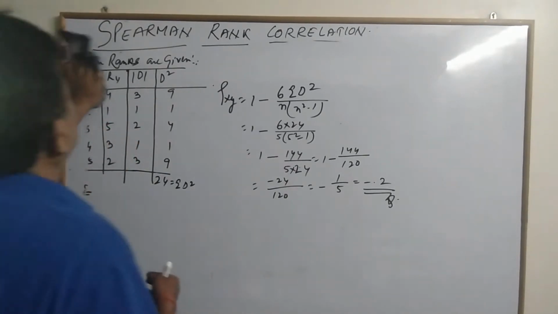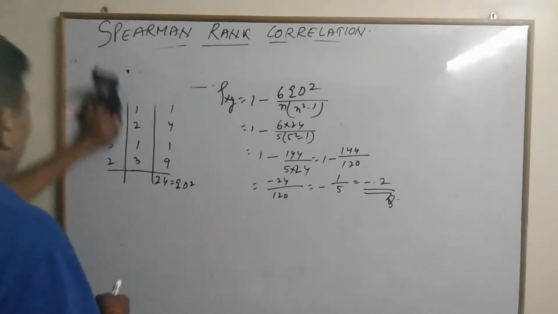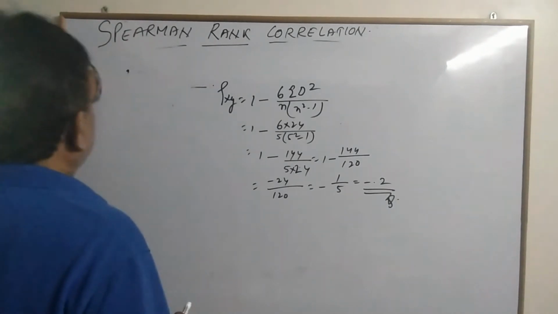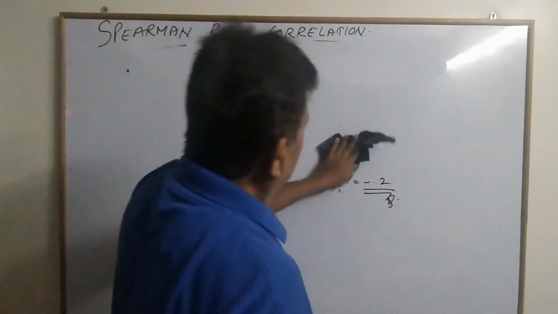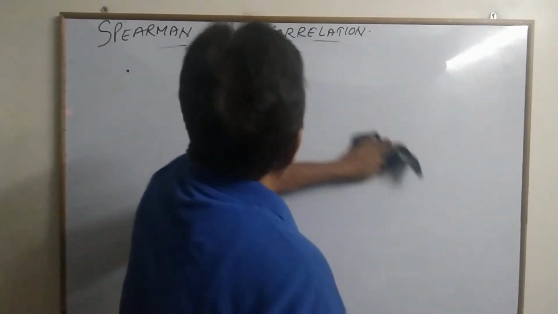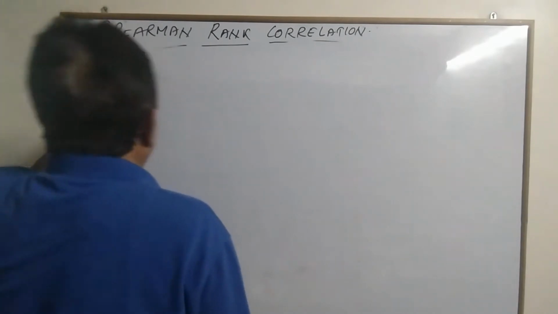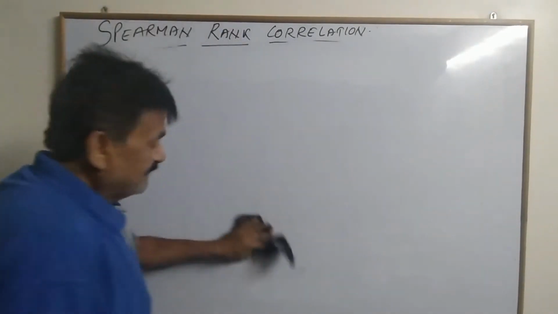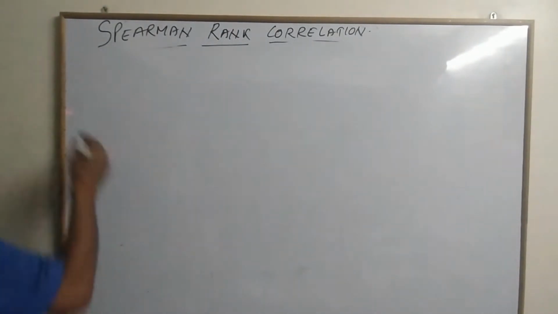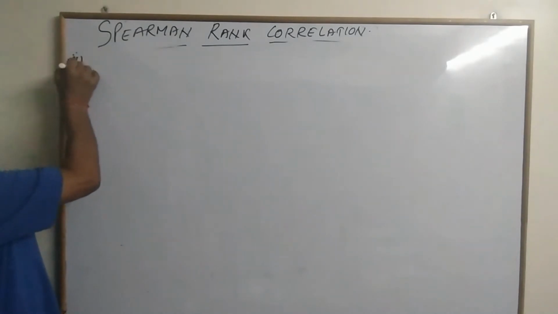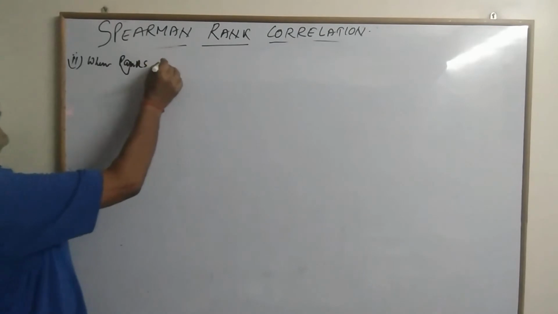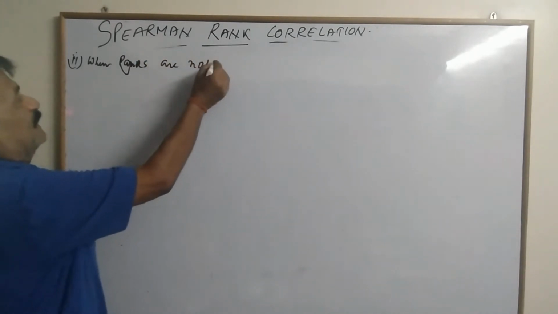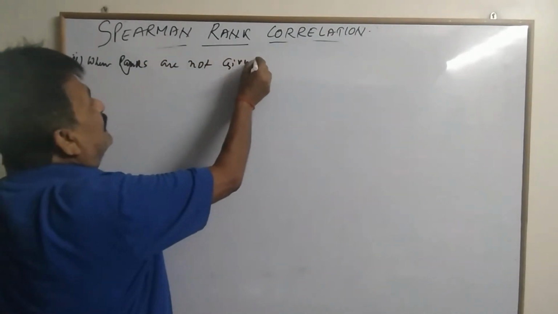Now the second variety is when ranks are not given, rather some absolute values of x and y are given, but we have to calculate the rank correlation. So in that case, we shall have to assign ranks from our own side when ranks are not given.